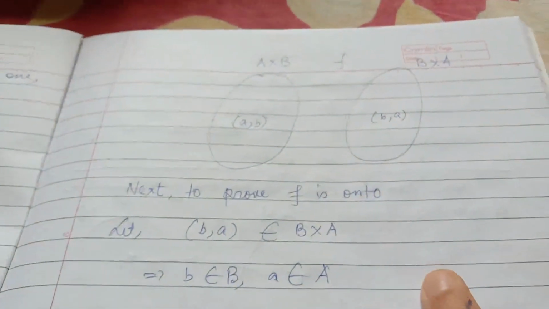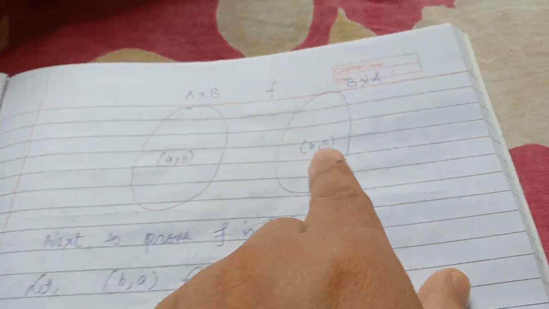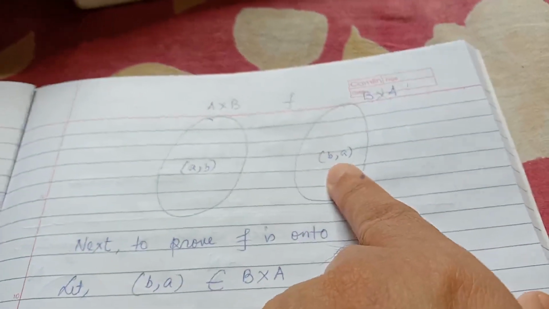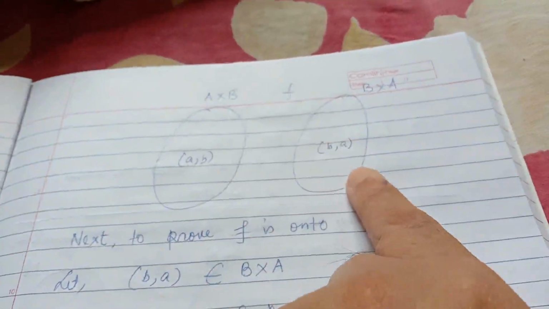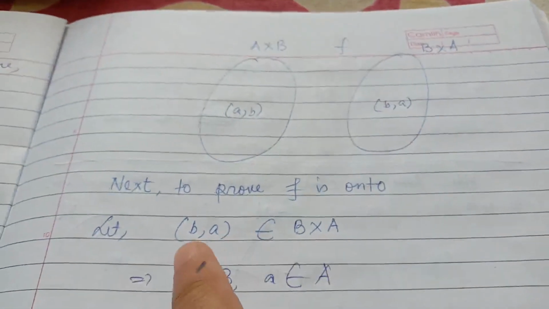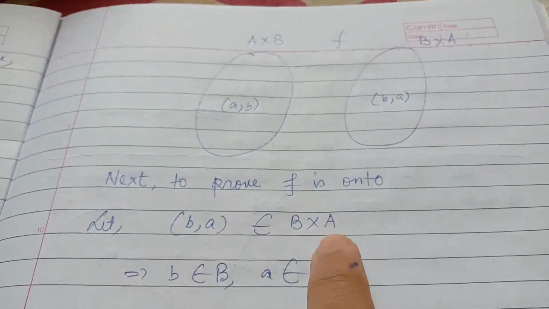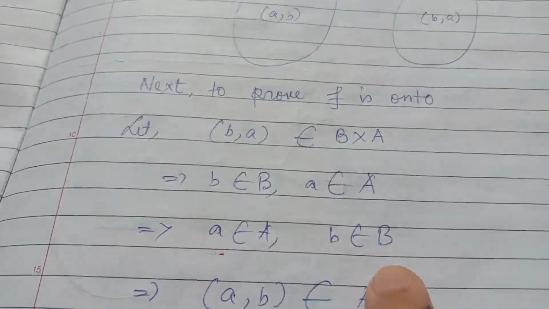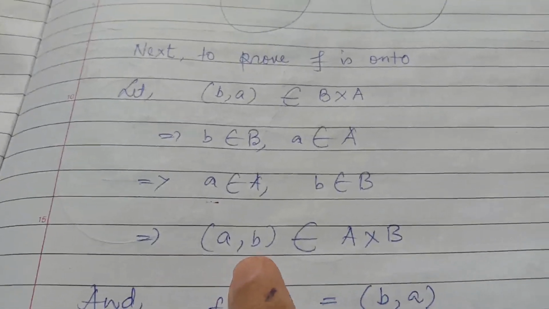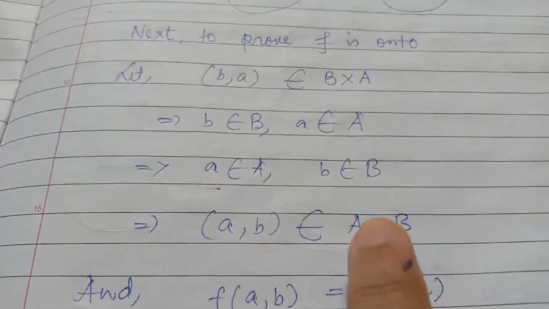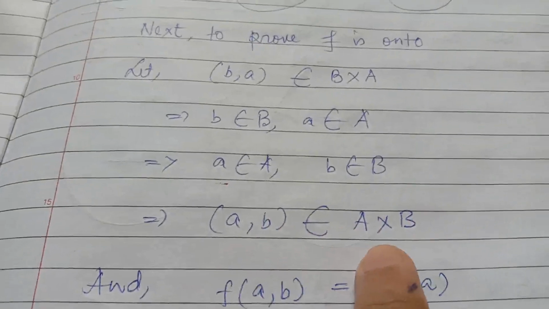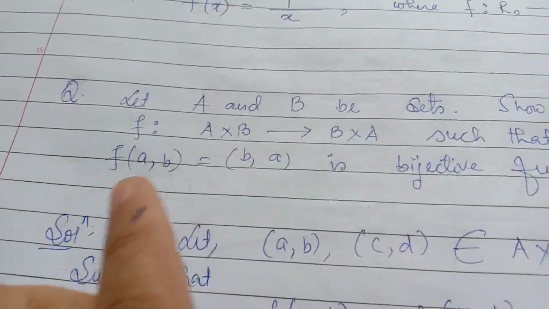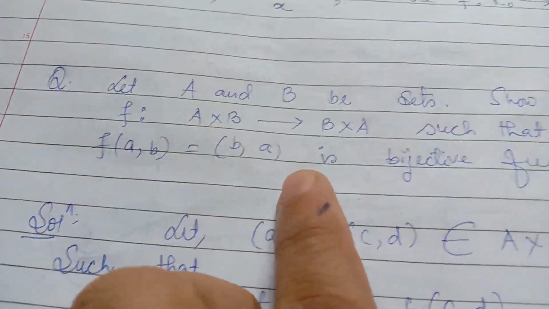So let (b, a) be an element of B cross A. We want to check whether the given function is onto or not. Let (b, a) belong to B cross A. Now (b, a) belongs to B cross A means b is an element of B, a is an element of A. So a belongs to A, b belongs to B, and (a, b) is an element of A cross B. And you can see the given definition of the function, f of (a, b) equal to (b, a).